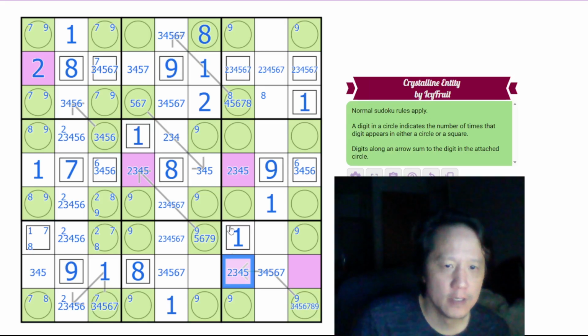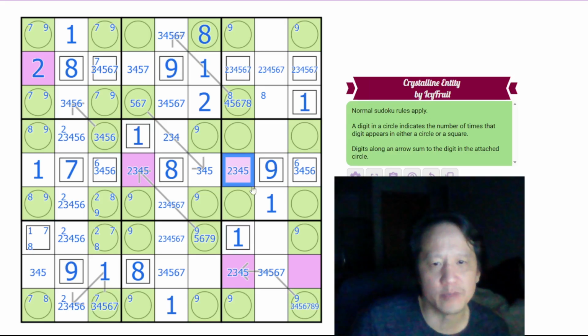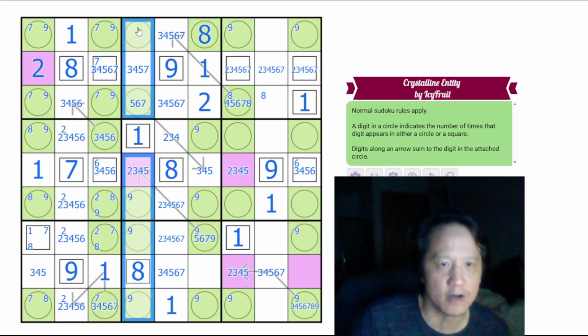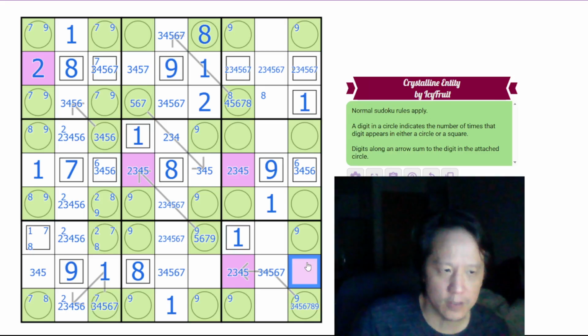If this is a 2, that would mean 2 would have to be in a circle in column 4, so this could not be a 2 in this column. So therefore 2 would have to be here.